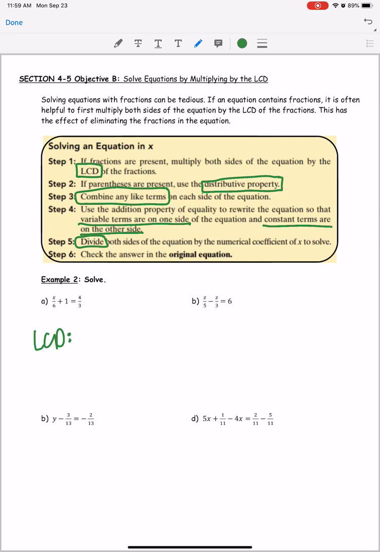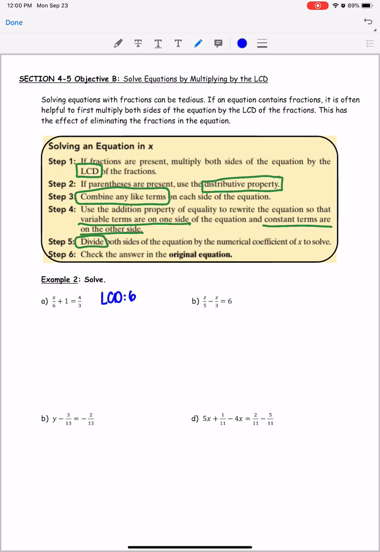My LCD, we have 6, which is 6 times 1, 6 times 2, 6 times 3. 3 is 3, 6, 9, 12. Because it is the LCD, the least common denominator, the smallest number that both of these have in common is going to be 6. Now again, hopefully you can honestly just start looking at these and see that that's what the LCD is. But I'm going to just write right here, my LCD is 6.